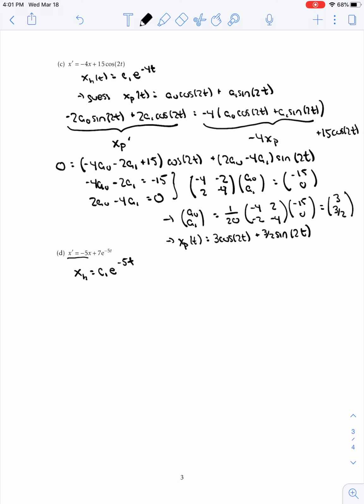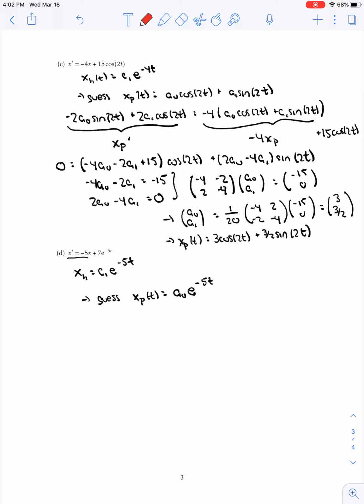The forcing function has an e to the minus 5t. So I'd guess a naught e to the minus 5t. But there's a problem with this. The guess seems fine, but there's a problem that we have to deal with.